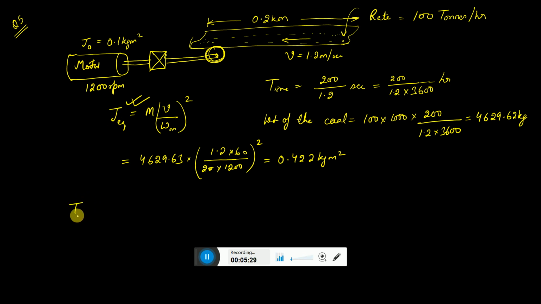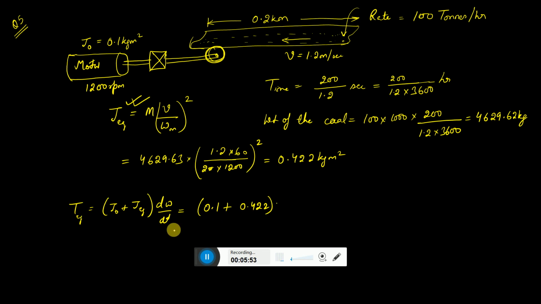The load torque that is developed can be written as J0 plus J equivalent, total, into d omega by dt. So we can add up 0.1 plus 0.422 into d omega by dt.